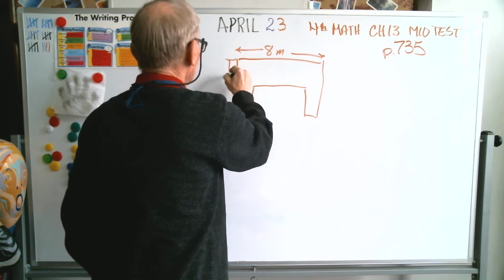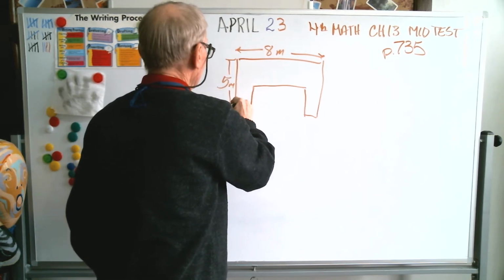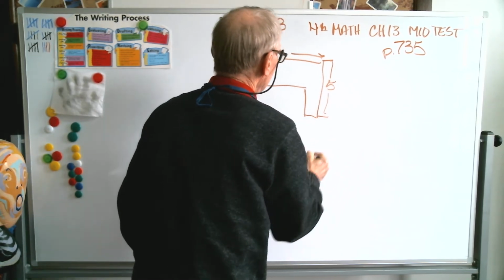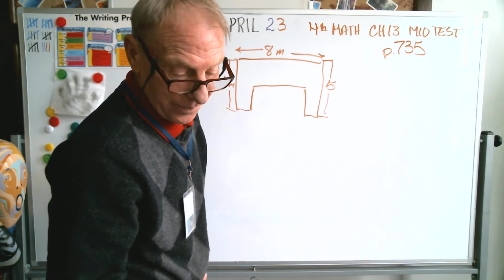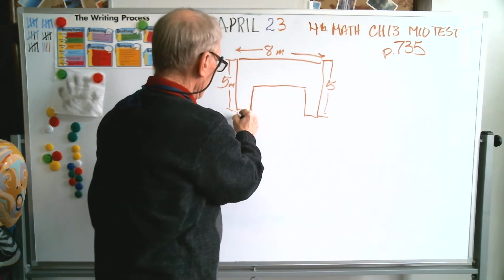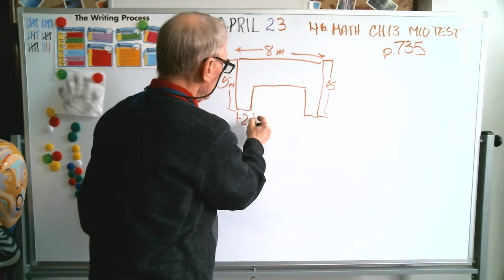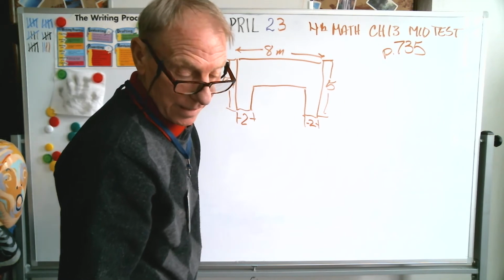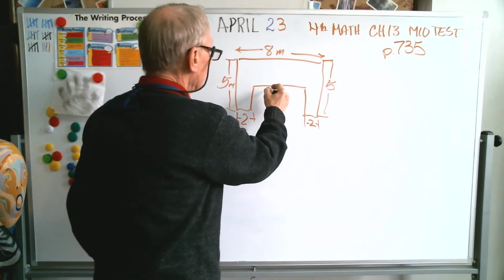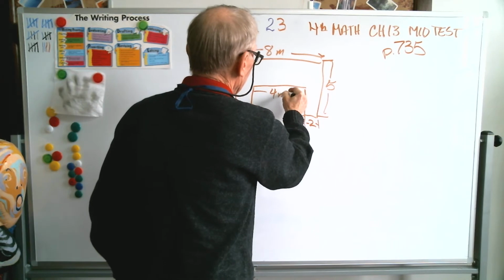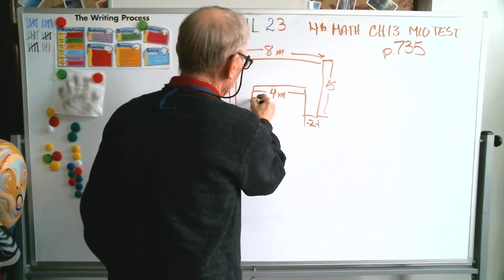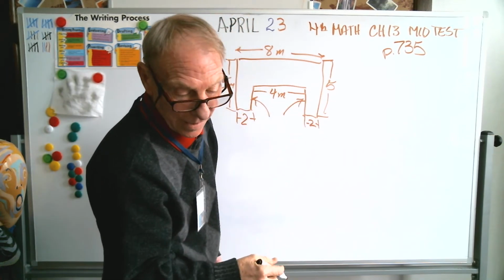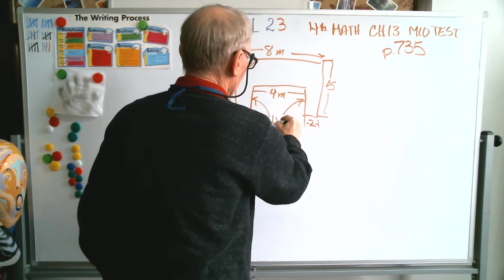This dimension here is 5 meters, as is this side as well. They're both 5. They're the same. Each one of these is 2. And the only missing dimensions, we've got 4 meters here, and then these two sides, they are 4 meters.